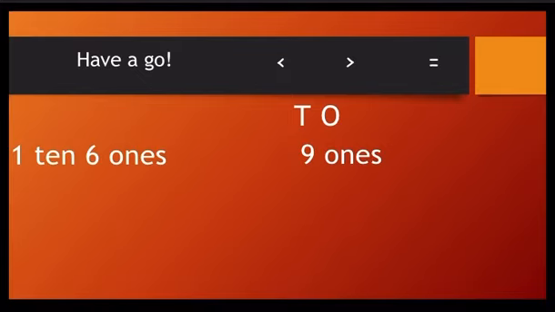So if it is 1 ten and 6 ones, I know that that number is 16. And on the other side, I know that 9 ones means that it's number 9. I know that 16 is bigger than 9, so my crocodile is going to be eating number 16.